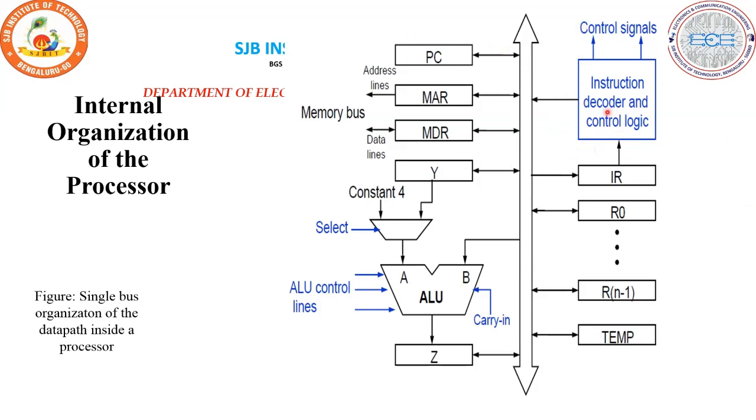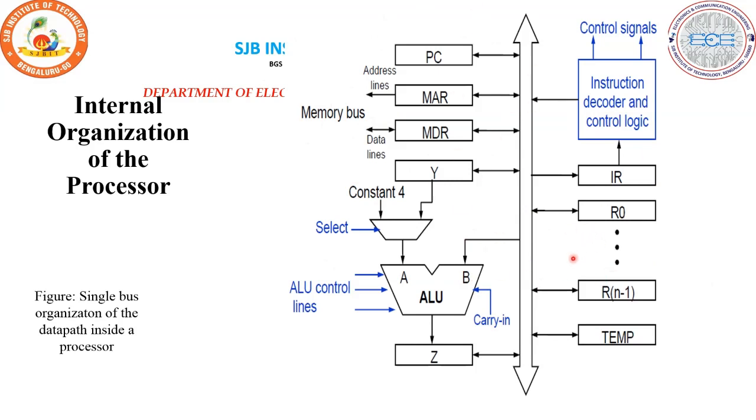This unit is responsible for issuing the control signals for the operation, both inside the processor and for interacting with the memory bus. It tells the processor whether to interact with the external medium, that is the memory, or with the internal medium within the processor.